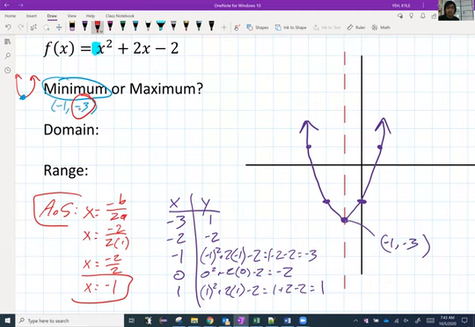What is the domain of this function? What x values can we plug in? Well, guys, I'm going to give you just a little hint cheat. On a quadratic, the domain is always going to be all real numbers, because we can plug in anything here. It goes forever left.